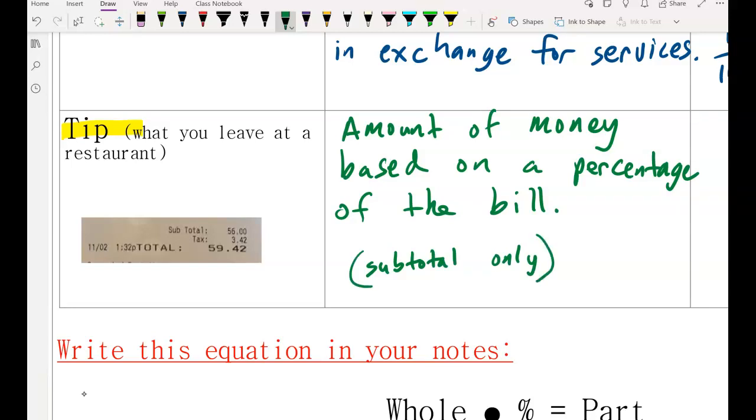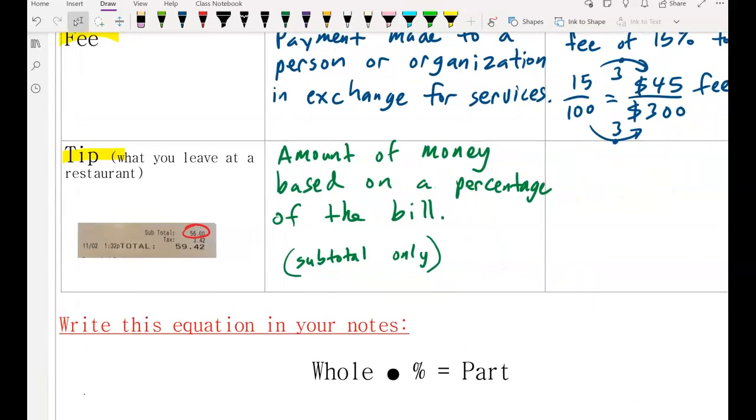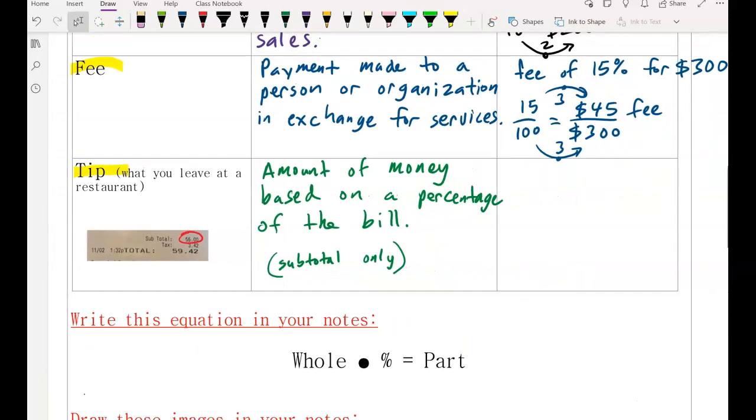Pay it on the subtotal only. Okay? So let's take a look at a situation. You'll see here that the original bill is $56. So if you are going to pay a tip on $56, how would that look? On that bill of $56 for the subtotal, that's before the tax. Let's say that you decided you only want to leave a 10% tip, and that's fine.